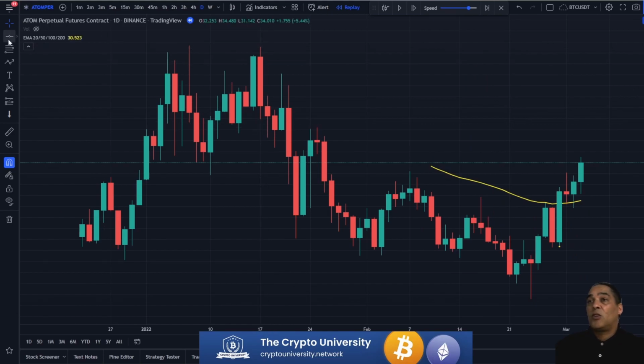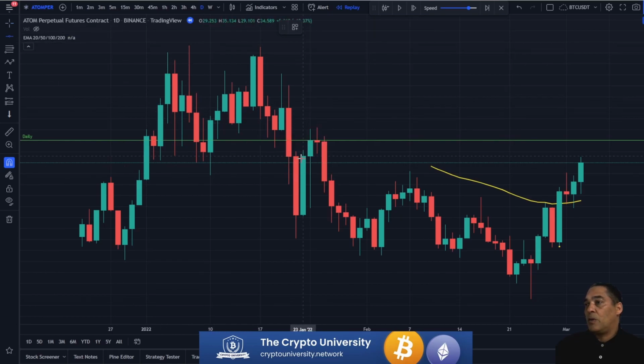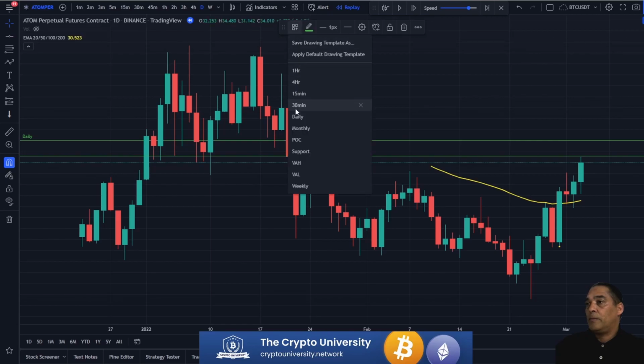So on my daily chart, I like to find my key levels of support and resistance. With my horizontal tool, I'll mark out all my support and resistance zones. I'll go with that one as a daily resistance. I'll go with this one as well for daily.